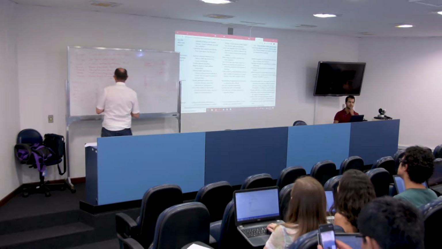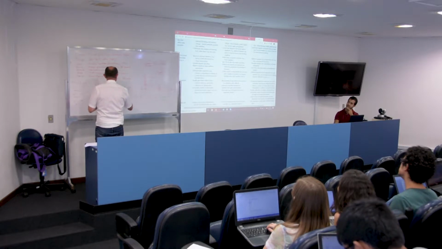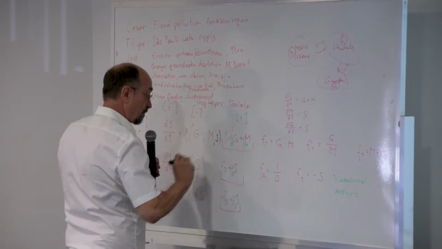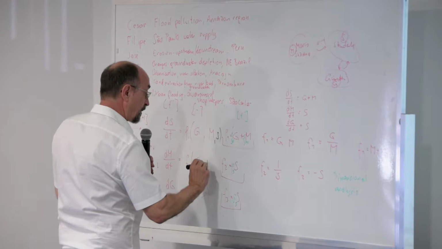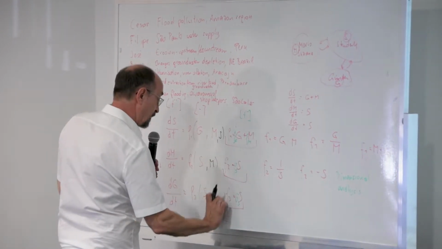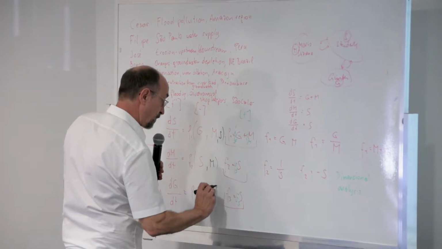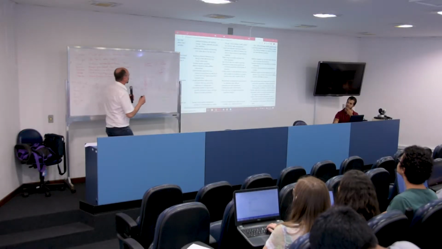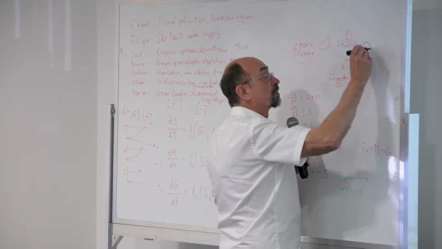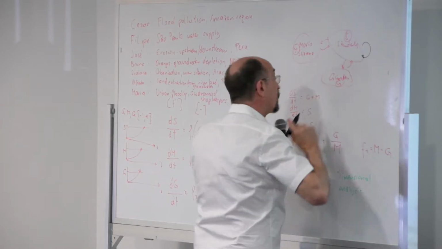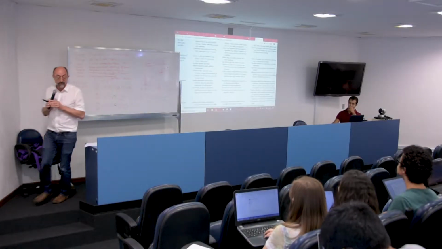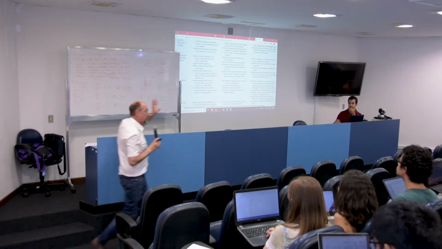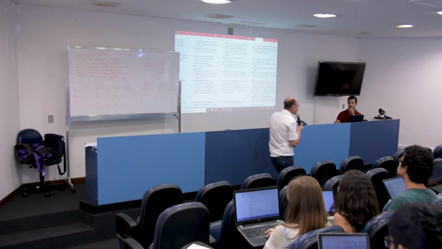Why didn't we include S here? And why didn't we include M here? And G here? Right, this is what you're saying? In the loop diagram, you could indicate it like that if you wanted. Some people like it, I don't like it so much, but this is right.